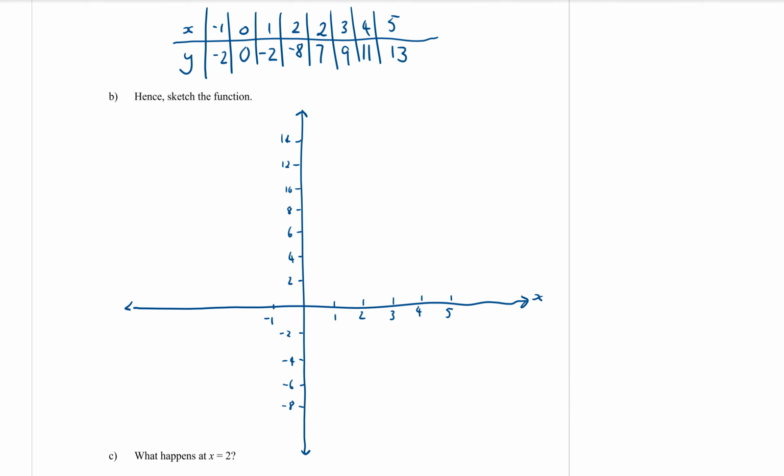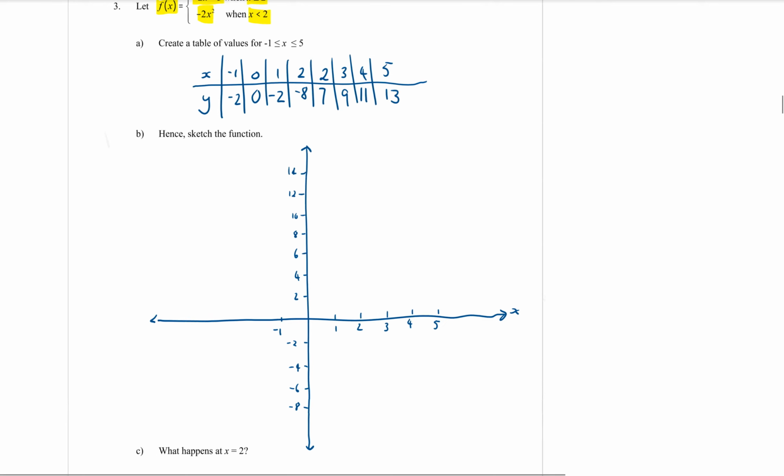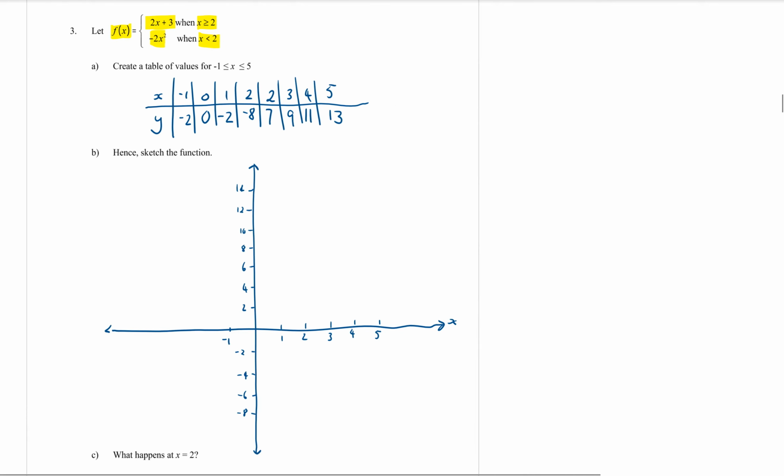Okay. So this graph, when we're less than 2, we're drawing minus 2x squared, which is a parabola, isn't it? Okay, so let's plot the first 4 points. We have minus 1, minus 2, which is here.